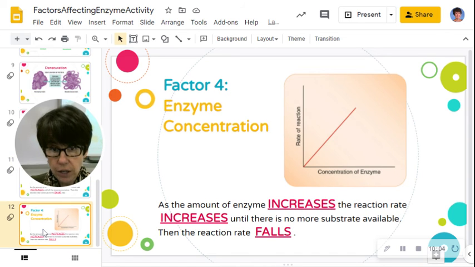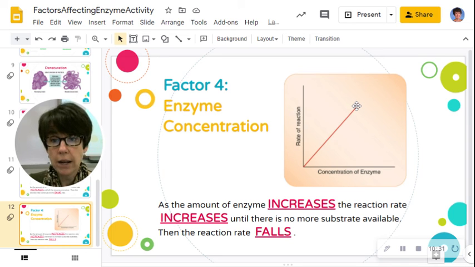The last factor is going to be enzyme concentration. We can change how much enzyme is available. It would make sense that if I add more of the catalyst, the substance that speeds up the reaction, the reaction rate would go up, which is what we're seeing in this graph. So if I add more enzyme, the rate of the reaction speeds up.